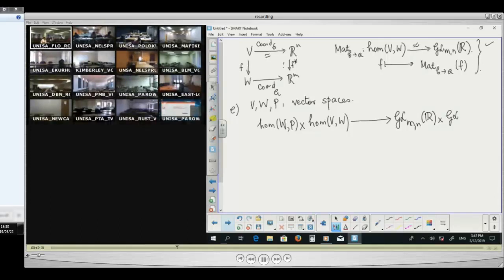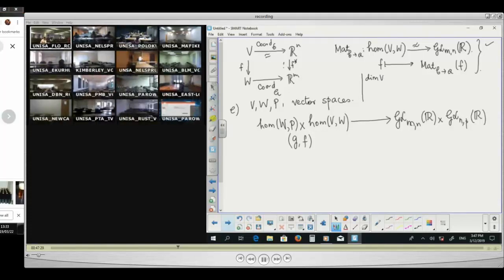So that's how we define things. So what I am doing is, dimension of V is n with a basis B, say.